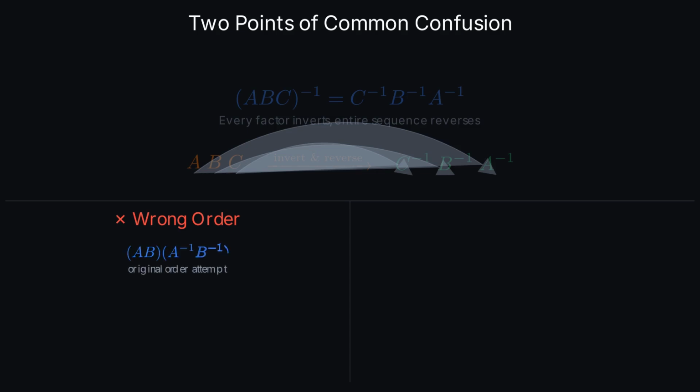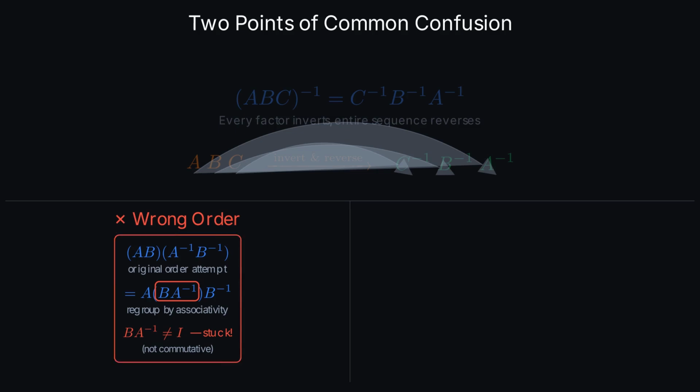Watch what happens when you multiply AB by A inverse B inverse using the original order instead of the reversed order. You get A times B A inverse times B inverse. But the middle term, B A inverse, does not simplify to the identity because matrix multiplication is not commutative.